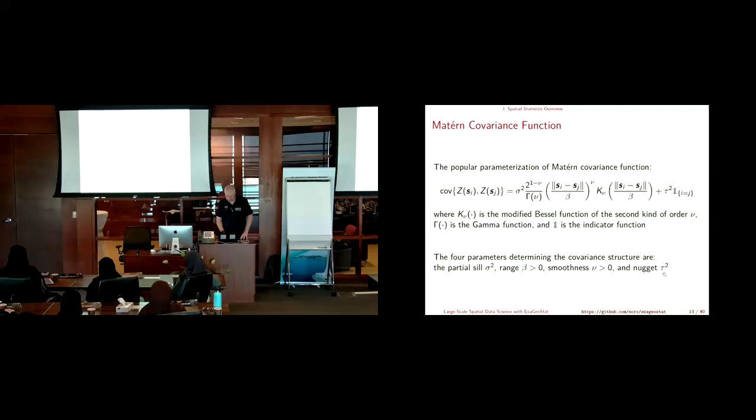And the nugget effect tau square, which measures microscale variability. In fact, the variance of the process is the sum of sigma square and tau square. So we want to learn these 4 parameters from the data. If we estimate them, then we can use that covariance model to do the prediction, to find these optimal weights and to predict the variable of interest at any new location in the spatial domain. This is what we're trying to do.